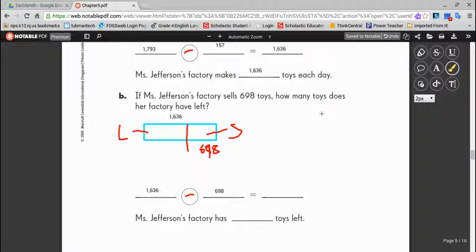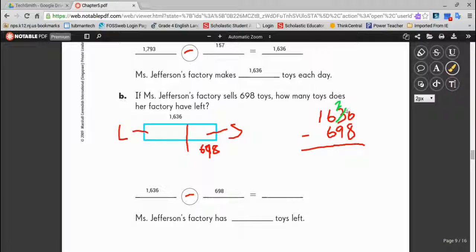And again, I'm going to line it vertically, or up and down, to help me subtract 698. Okay, and let's subtract this out. 6 minus 8, can't do that because 6 is smaller, so I gotta regroup.